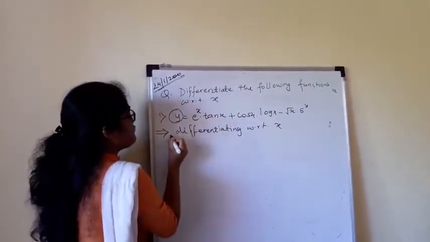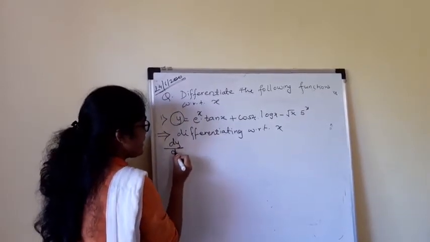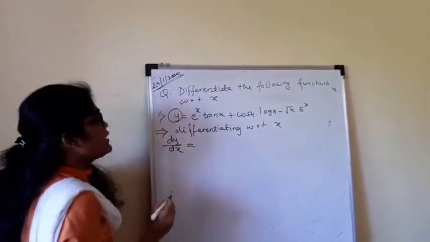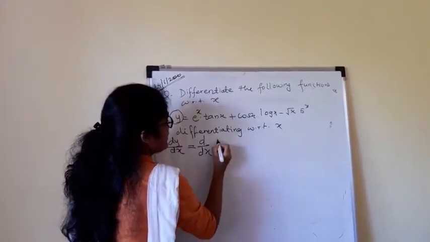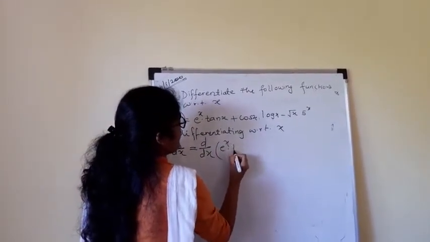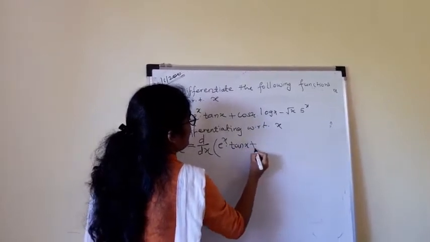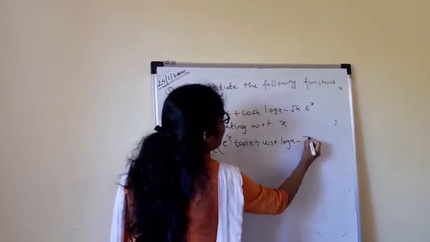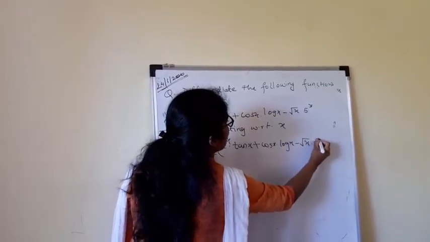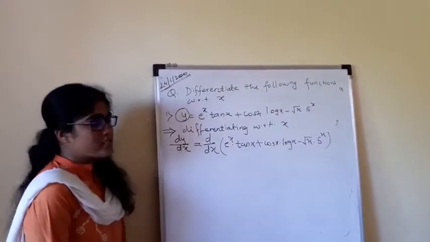So we will start differentiating. So derivative of y is dy by dx. Next, derivative of this whole function, that is d by dx of e raised to x tan x plus cos x into log x minus root x into 5 raised to x.